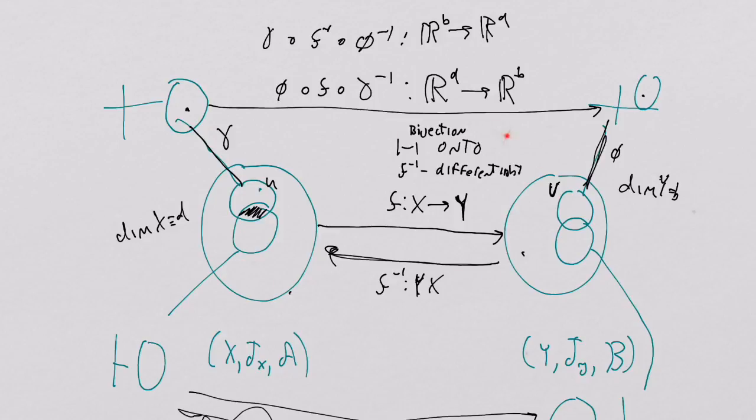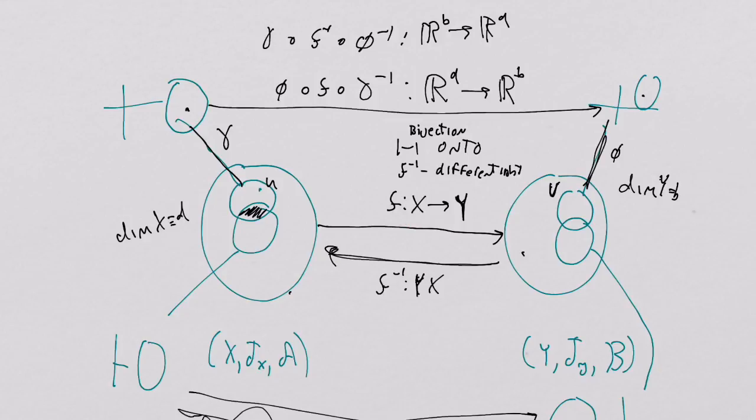It is a homeomorphism because differentiability and continuity go together, but it's more than that because it's differentiable, whereas a homeomorphism between topological spaces is only continuous in both directions. F and f inverse are continuous.